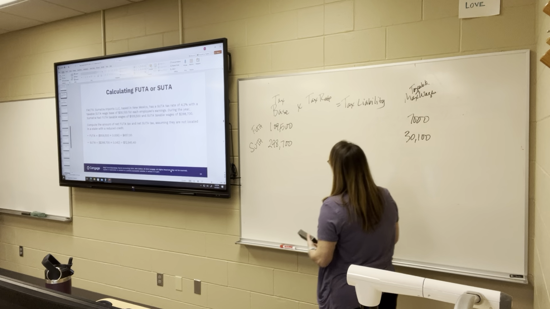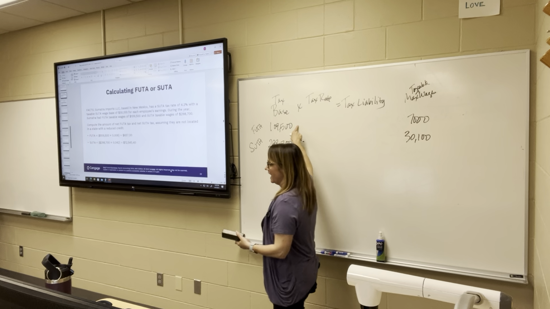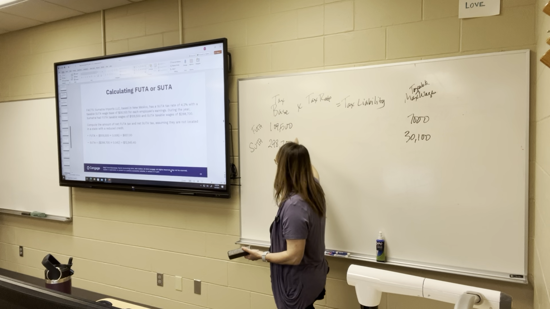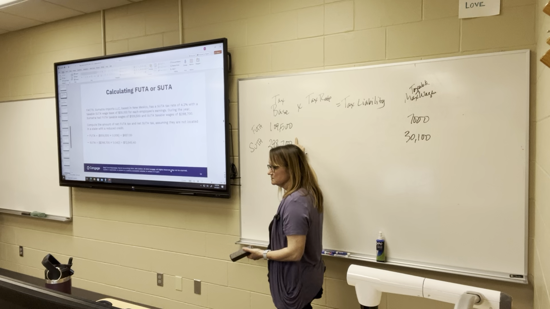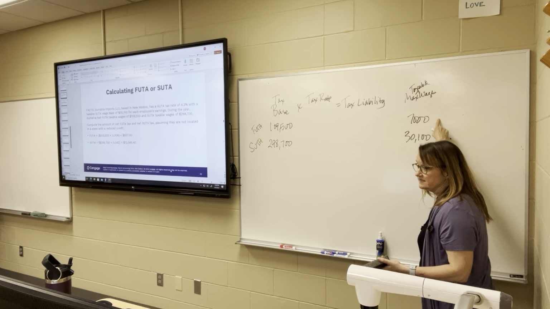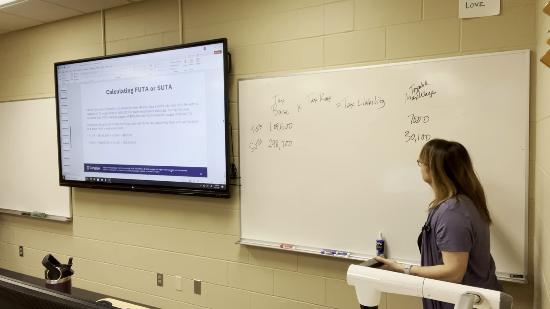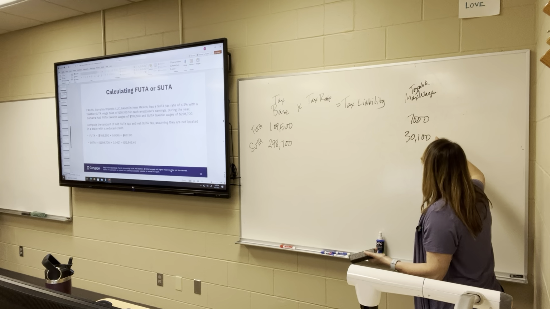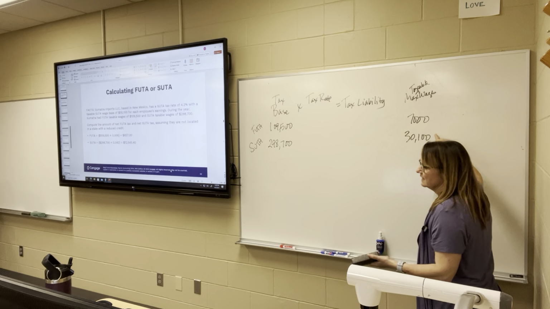All right. So our total tax base for SUTA purposes is higher than our total tax base for FUTA purposes because per employee, our base is higher, right? I mean, this is about 4.5 times higher.